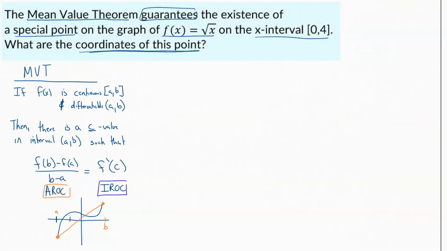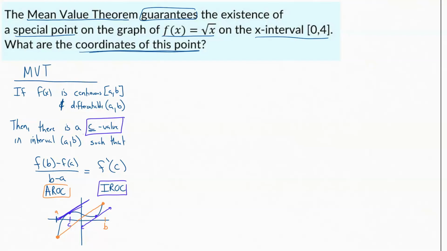So maybe it's like right here. You've got this instantaneous rate of change. That slope of that line, they're the same. That's a horrible drawing on my part, but you get what I'm saying. These two lines would have the same slope. It can happen at multiple places. You could have another place where the tangent line is the same. But you are guaranteed at least one c value that lives in your interval AB.